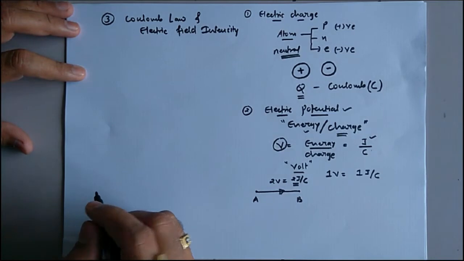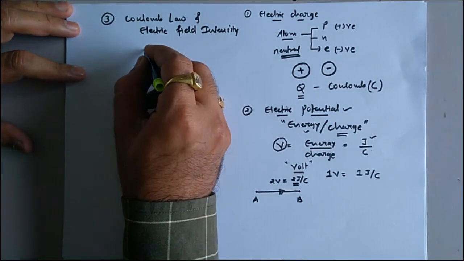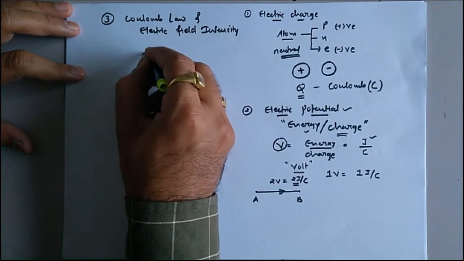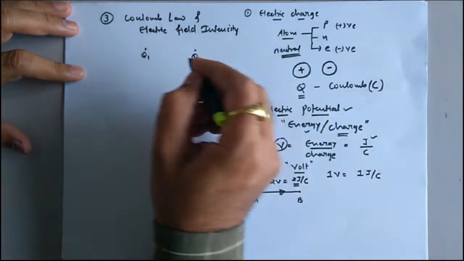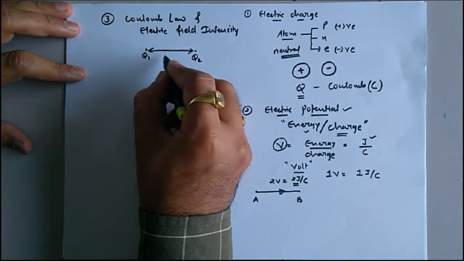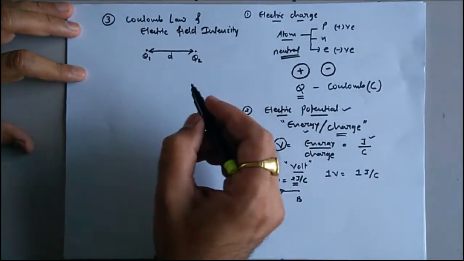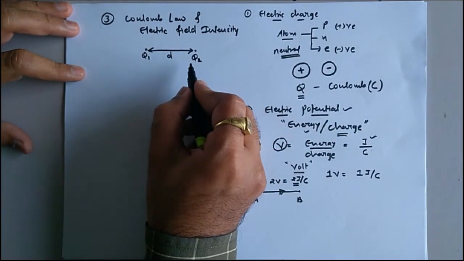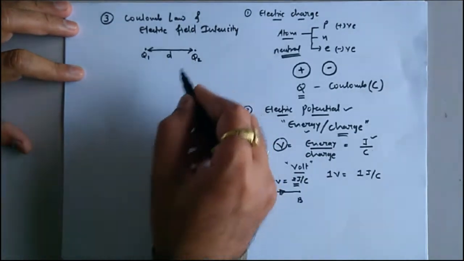According to Professor Coulomb, he experimentally found that suppose if we are having two charges, say Q1 and Q2, separated from each other by a finite distance indicated by symbol small d, then these two charges may experience a force of attraction or they may experience a force of repulsion. It depends upon the polarity of these two charges.